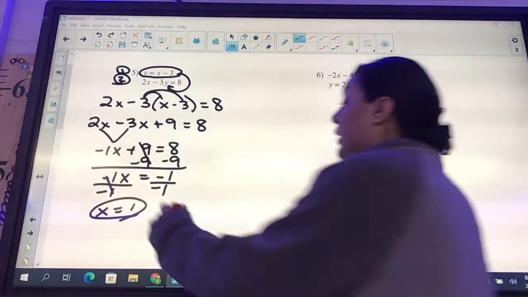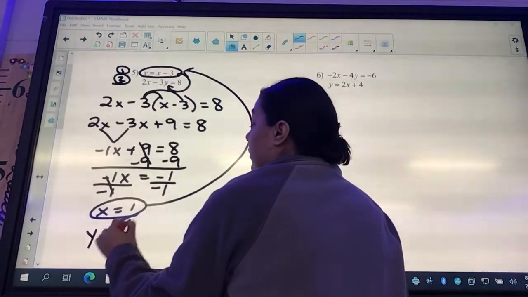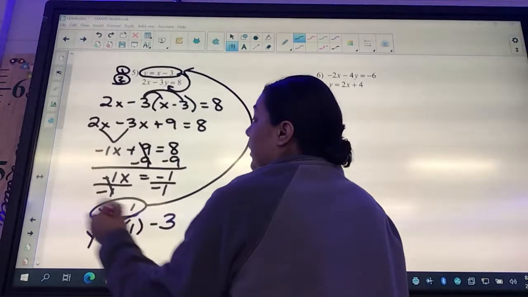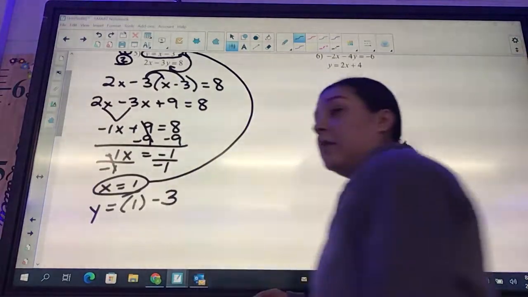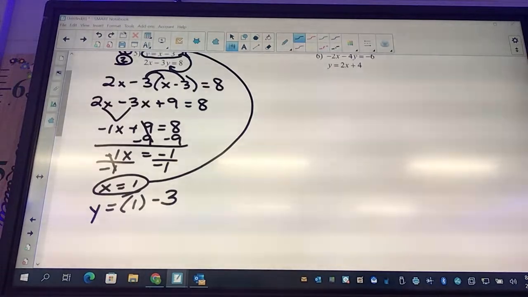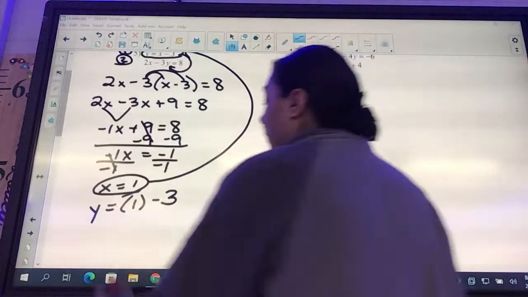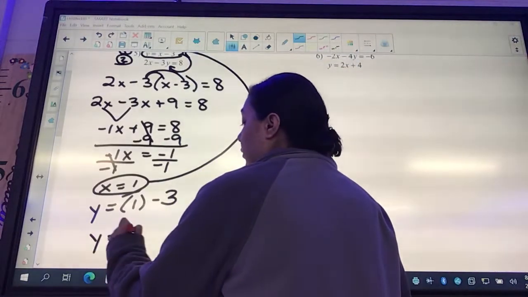And then we're going to plug that into our circled equation above. So you get y equals 1 minus 3. So you get y equals negative 2.